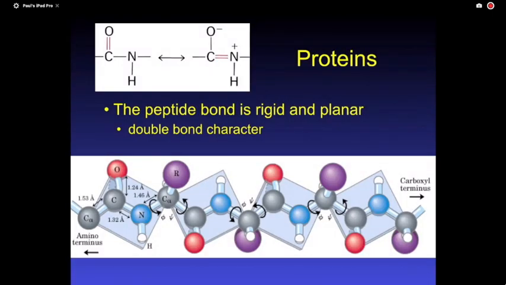Now, that particular amide bond has within it a resonance structure.